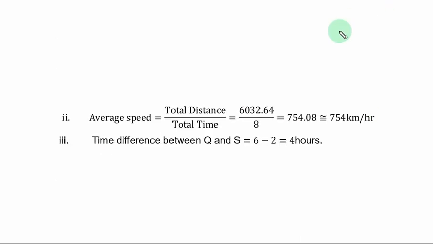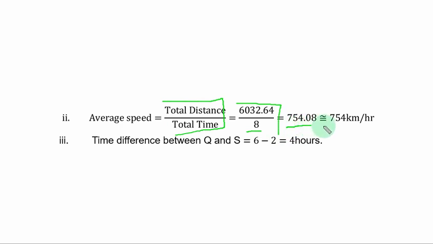Roman figure 2, average speed, that is total distance over total time. The time for the whole journey is 2 hours for the first journey plus 6 hours for the second journey. That is 8 hours. So you have total distance over 8 hours, and that is 754.08.